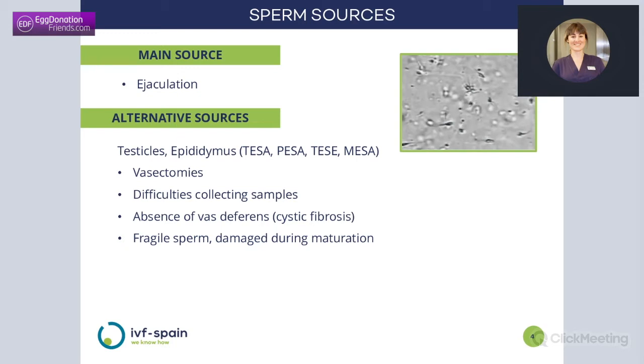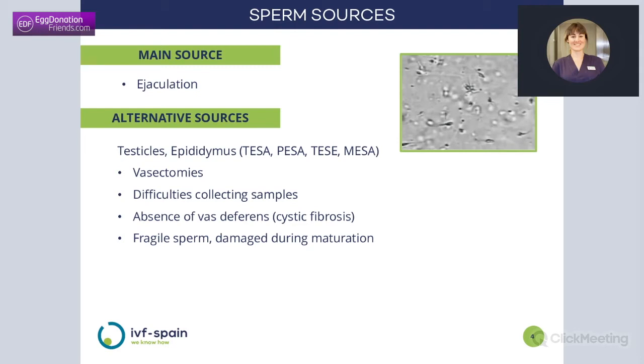Sperm cells are produced in the testicles in a process that lasts around 2.5 months, 3 months. And these sperm cells then later mature in the epididymis. We can extract sperm cells from there directly by aspiration with a needle or by a little surgery. And this is indicated in case of patients, for example, who have undergone vasectomies for obvious reasons.